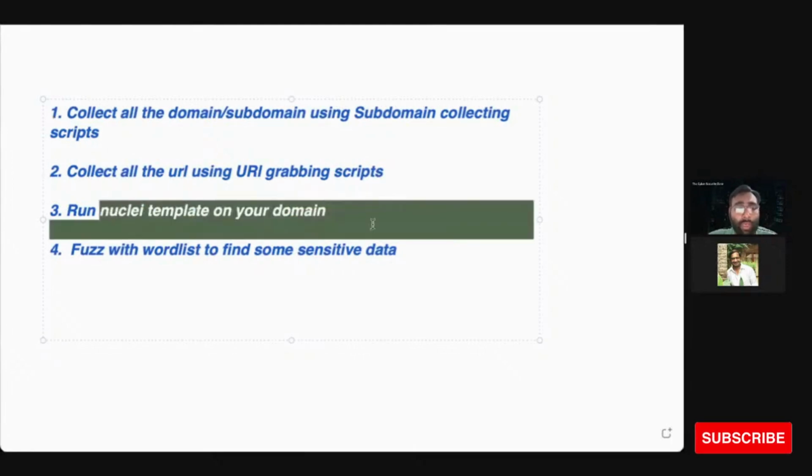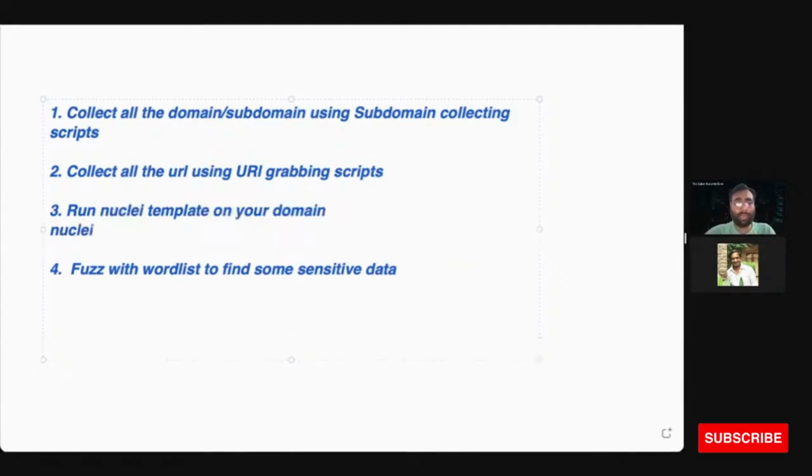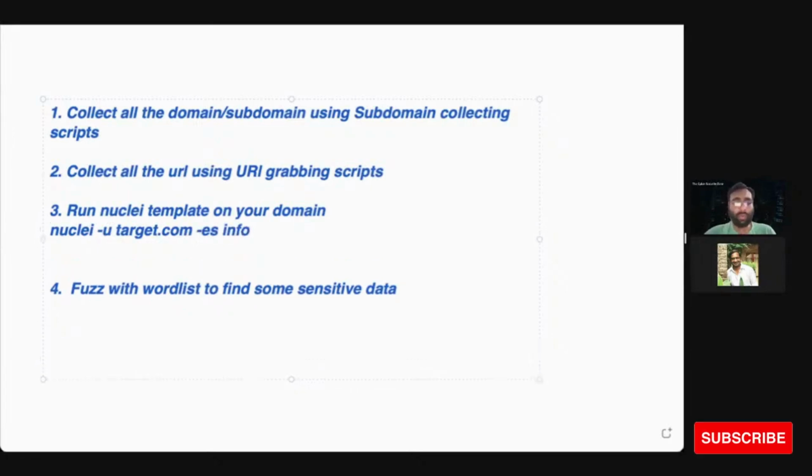You need to run nuclei templates on your domain. To do that, this is our command: nuclei -u and your target name, and then filter out with -es info. And if you are giving all the subdomains, then open your subdomain file, like I'm giving target.txt, then use a pipe and run nuclei -es info.